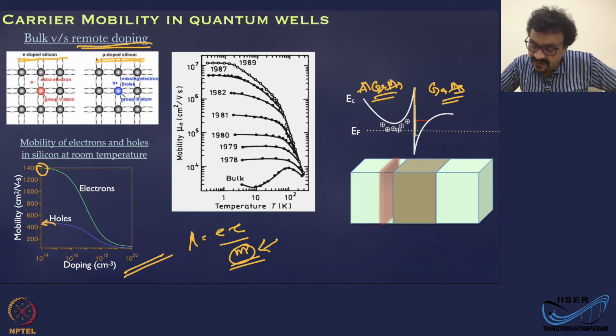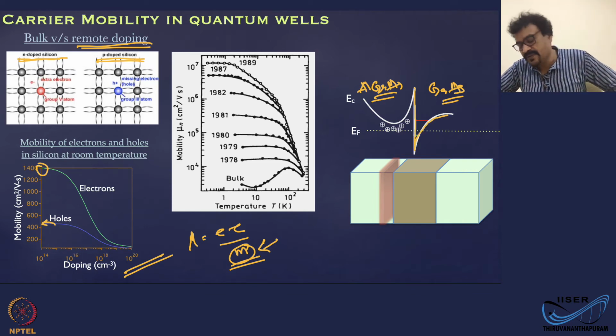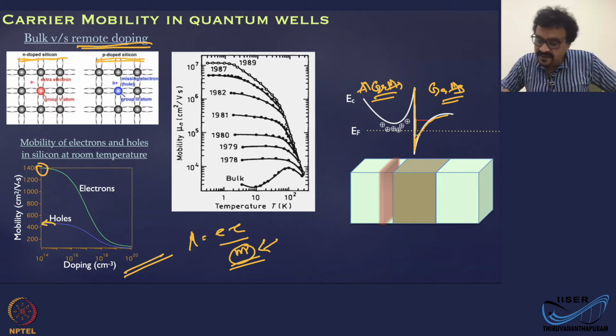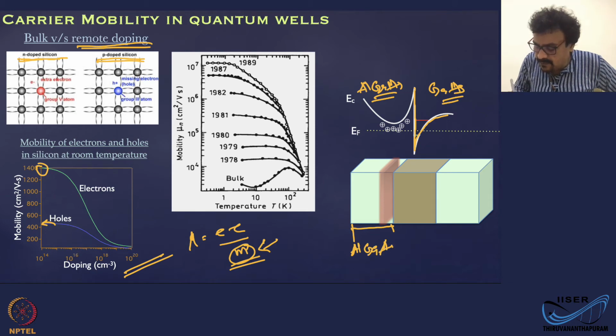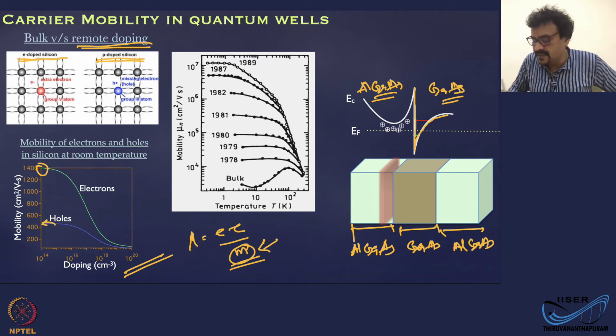So you get a quantum well at the interface. So this is your aluminum gallium arsenide, and this is the gallium arsenide, and you can again have aluminum gallium arsenide.